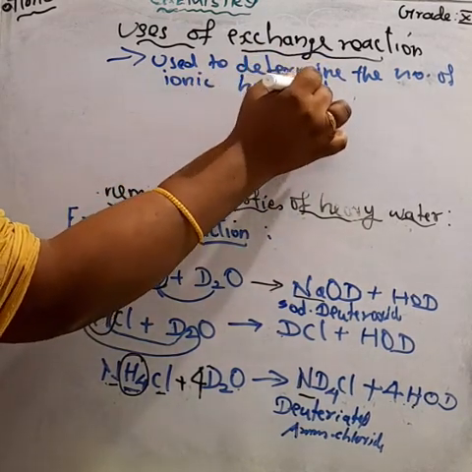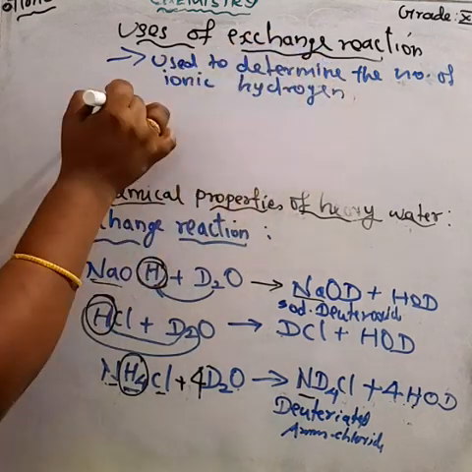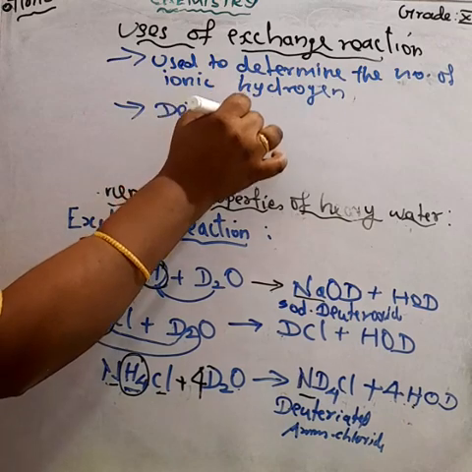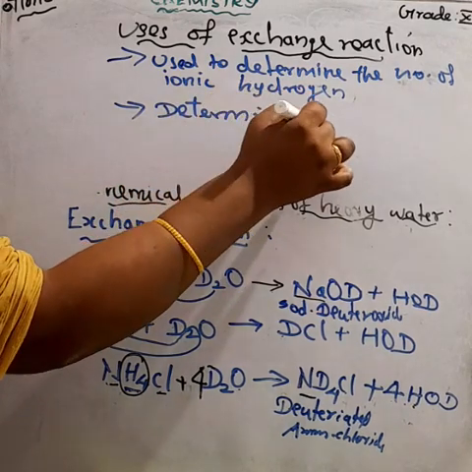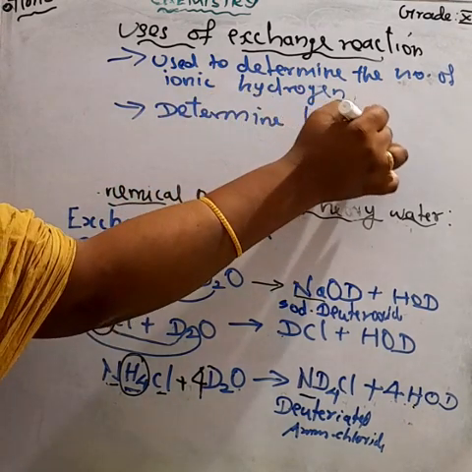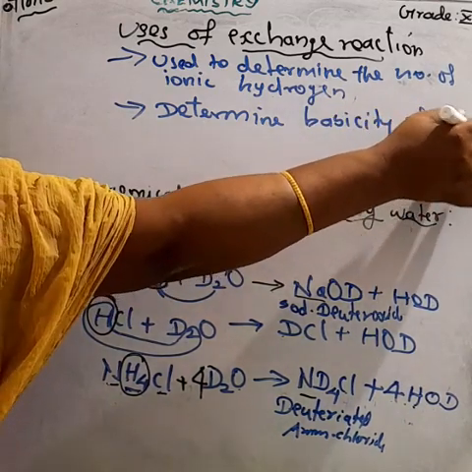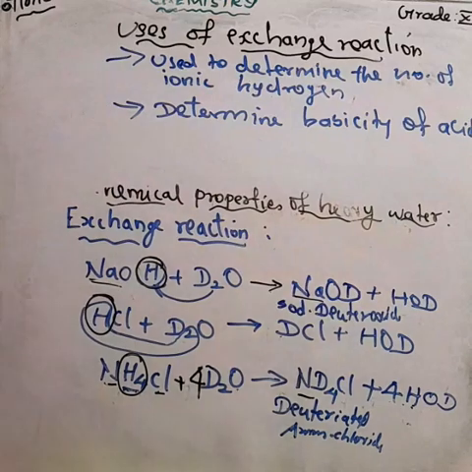Another use: we can determine the basicity of an acid by using the exchange reaction of deuterium oxide. For example, we take hypophosphorus acid.